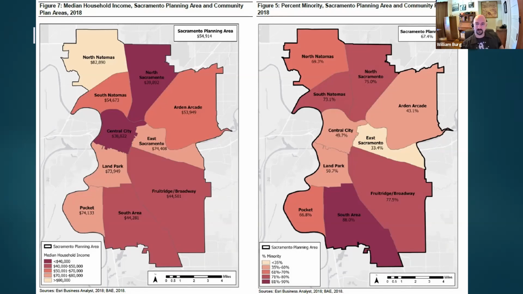And then there's also a measure of whiteness. The racially covenanted neighborhoods tend to be whiter, and the central city is kind of in the middle. We can see that the racial makeup of Sacramento, while we're considered one of the most integrated and diverse cities in the country, still has a long way to go, and there's still a lot of de facto segregation or de facto redlining.